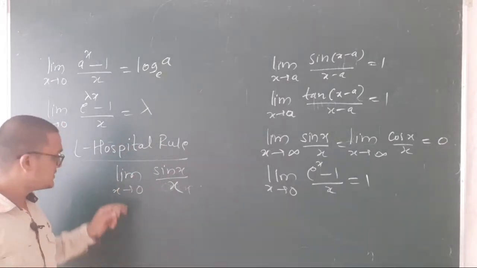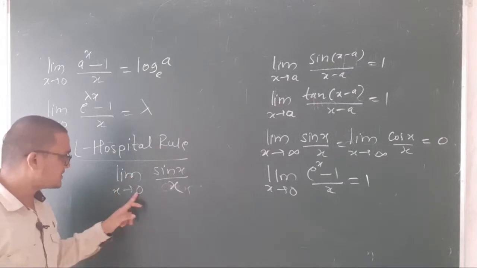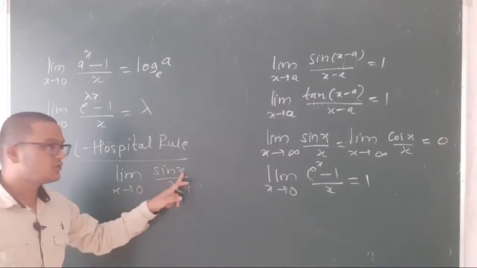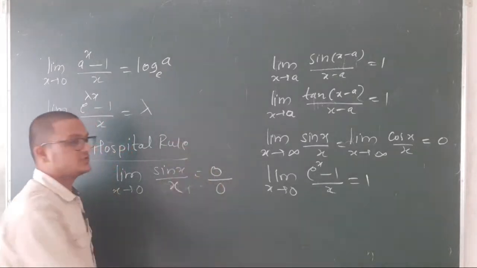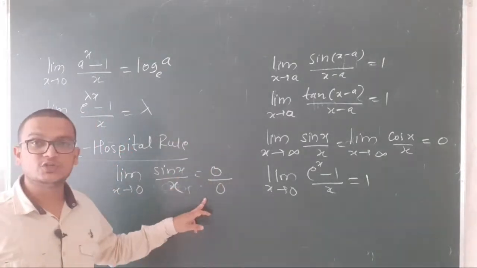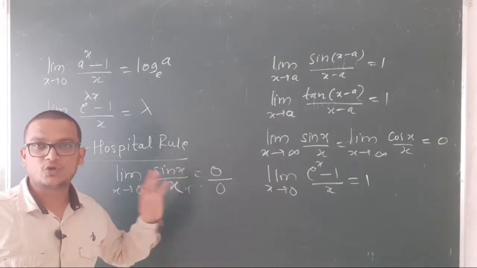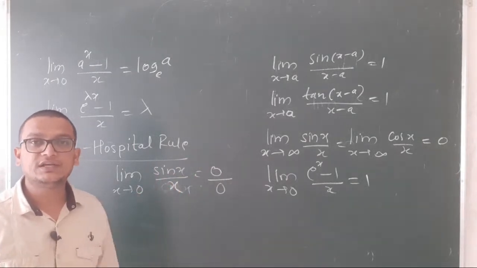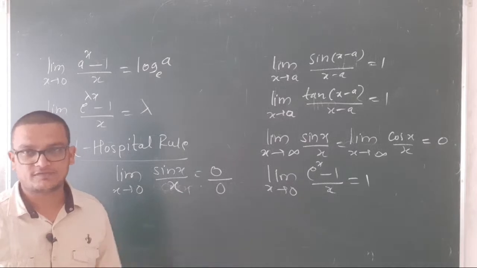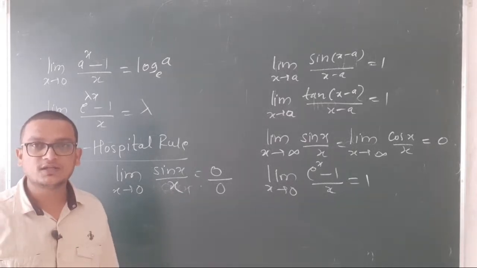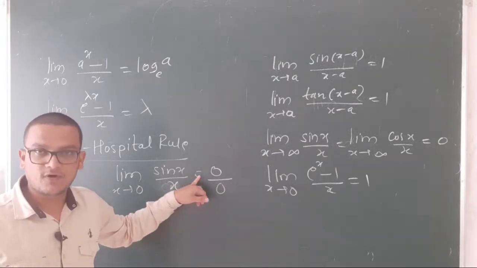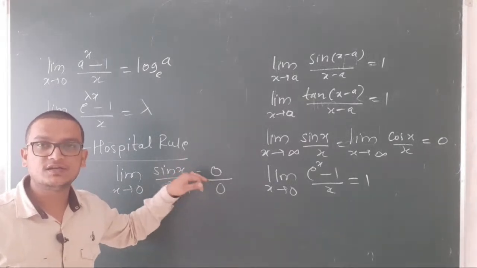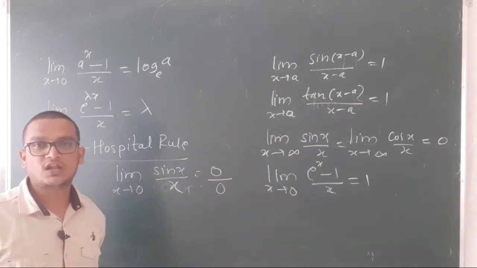Why? Because if I substitute the limit as x tends to 0 here, sin 0 is 0, and here x is also 0. So you are getting which form? 0 by 0 form. Actually, this 0 by 0 form is called as what? Indeterminate form, where the function is not defined, or where the limit is not defined. So to avoid this indeterminate form, we use the L-Hospital rule.